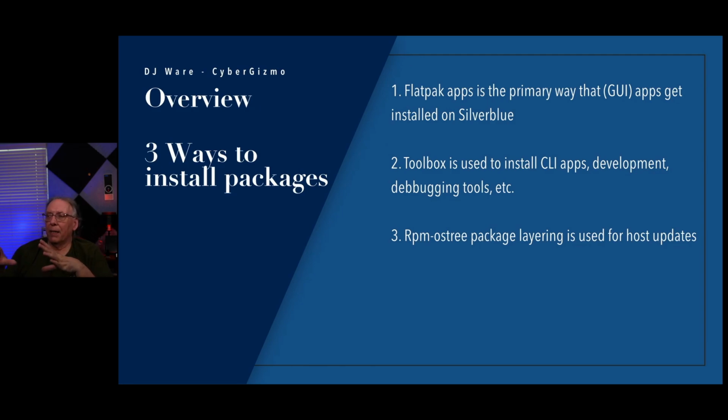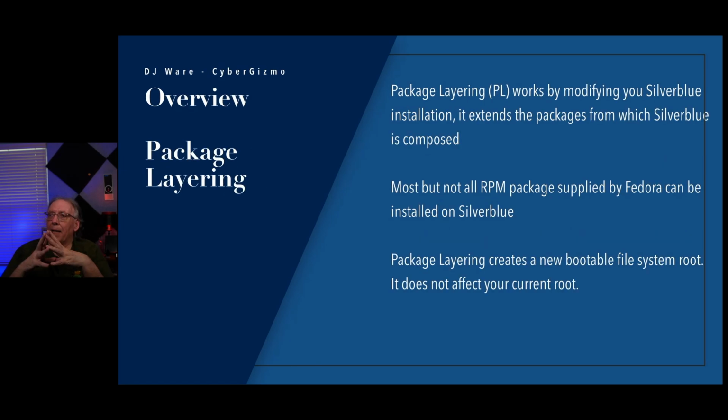But in any event, they really want you to reserve using RPM OSTree for updates. That's their stated direction. It doesn't mean you have to. It just means that's what they would prefer. That way you have a base OS, which is easier for them to support, right? Without having all this other garbage in the way that somebody else sticks out there.